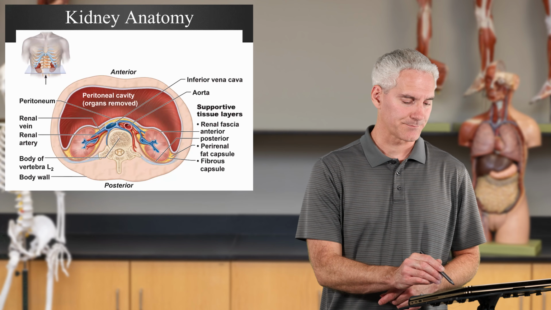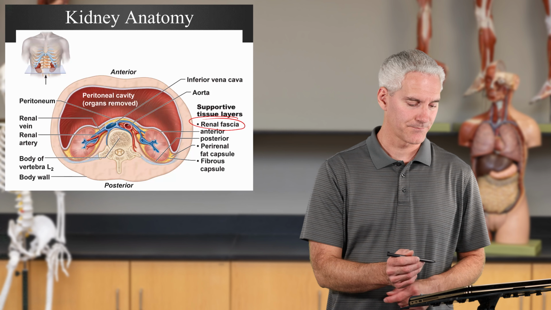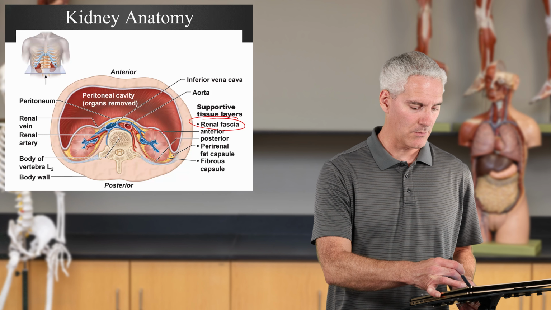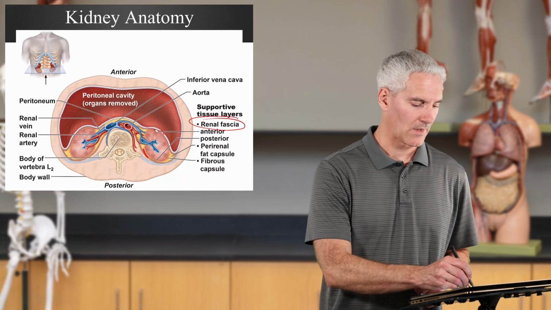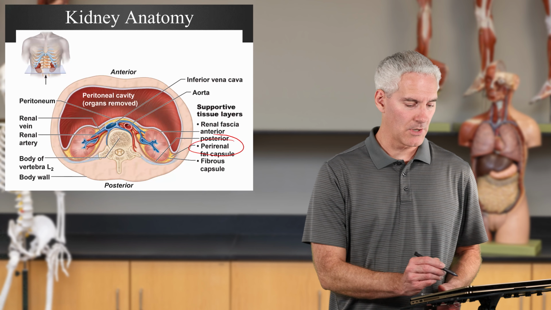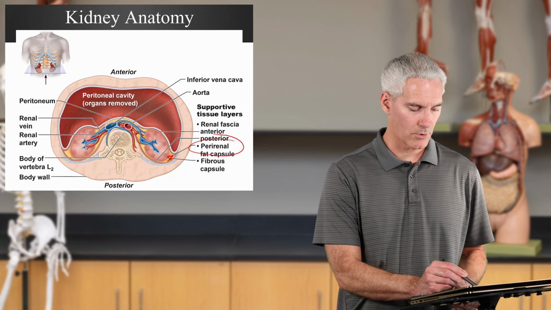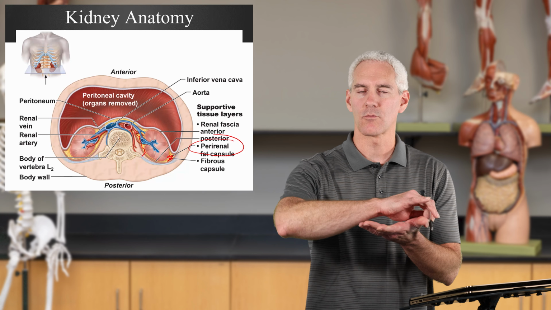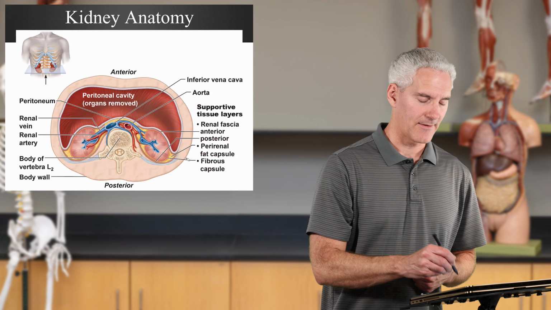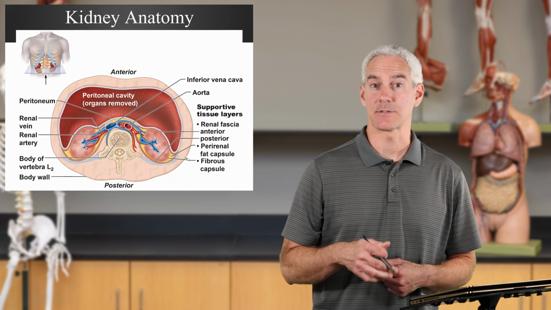So if we're looking here, here's the renal fascia. You'll notice that's on the outside, and then the posterior side back here as well. You then have the perirenal fat capsule. You'll notice that's this yellow here. There's some more back over here. It's wrapping around it, providing a cushion. So that fat capsule is full of adipose.